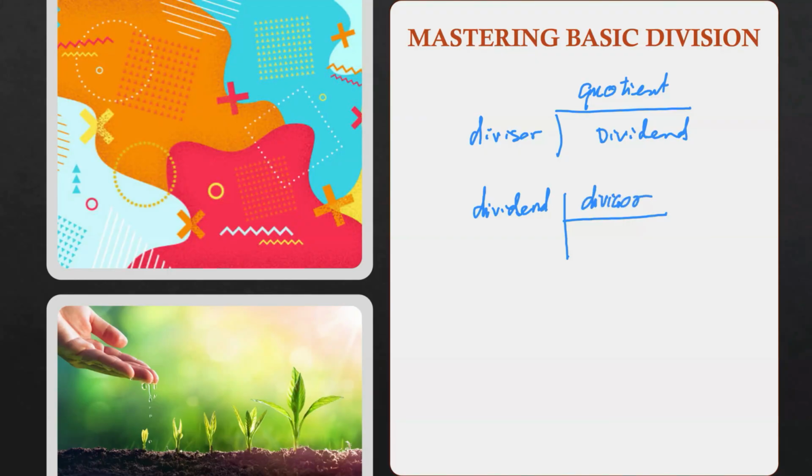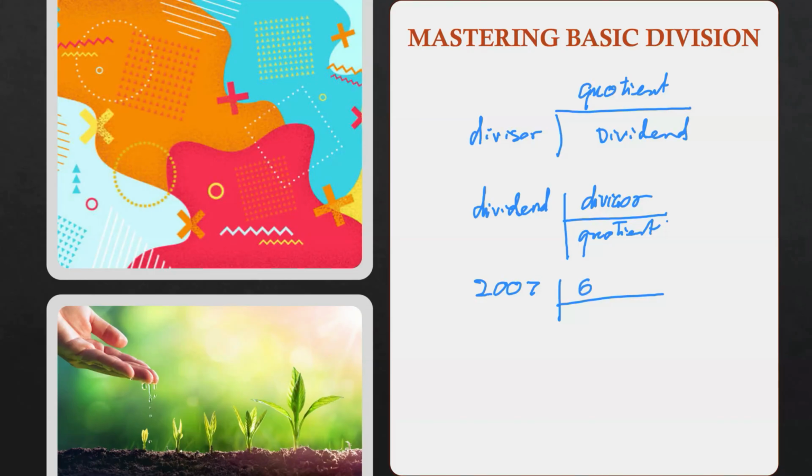And they put the quotient here. Okay, so we'll try that way. So the dividend is 2007, for example. And here we put the divisor, so we divide by 6, something like that.